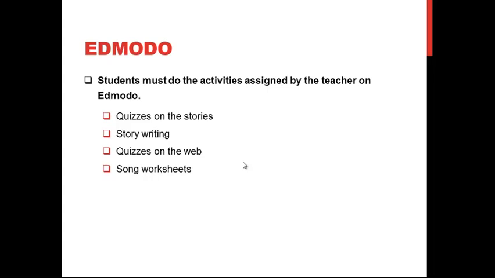So that's basically what you do in terms of tests and assignments on TPR. Okay, so you bring those assignments to the report card and put them there. So quizzes on the stories, story writing exercises, quizzes on the web that you send. All the grades that you get from Edmodo should go to the grade book as well.